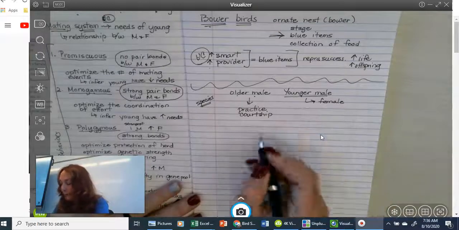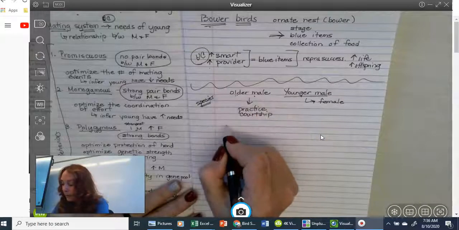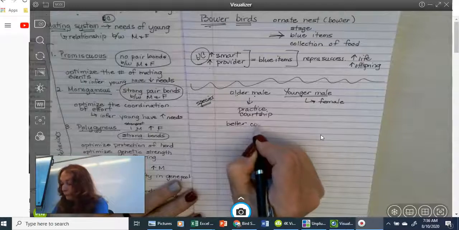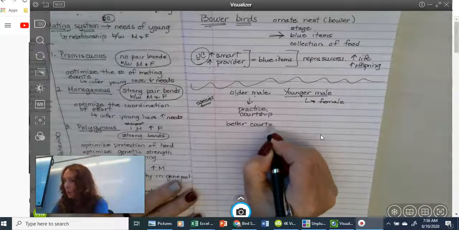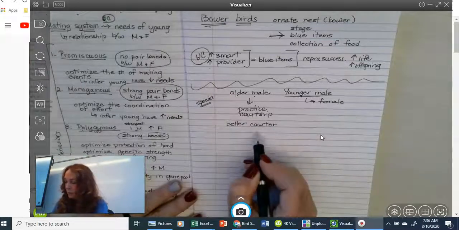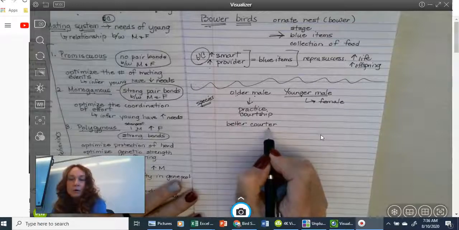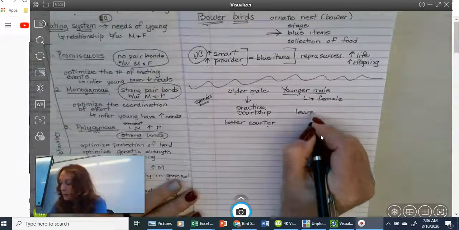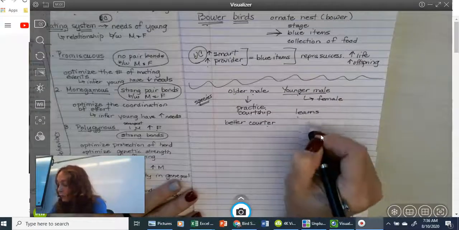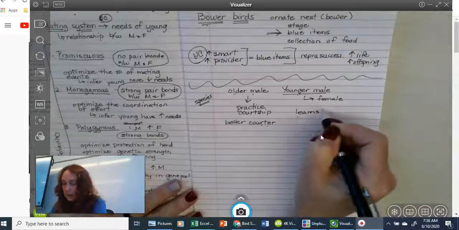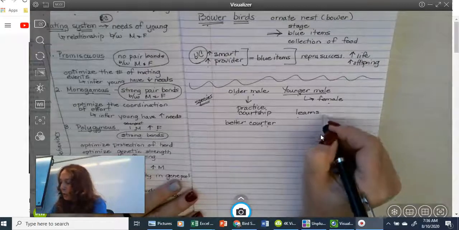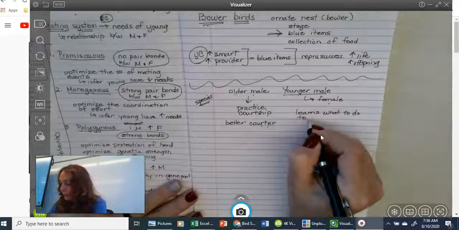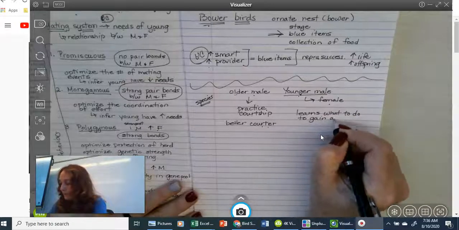Well, there's two benefits. One, the older male is going to get better. He's going to be a better, what would he, courter? Is that what you call somebody who does courtship? He would be better at courtship. And what does the younger male do? He learns. He learns by receiving the courtship like a female, so he learns what to do to gain a female.